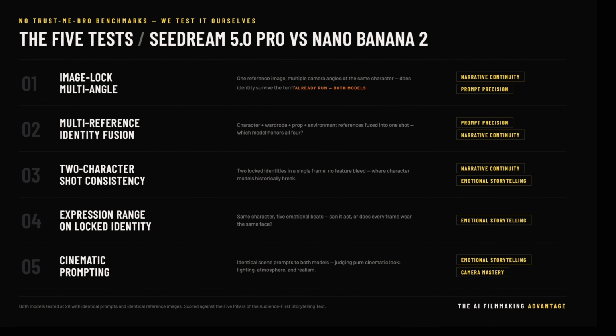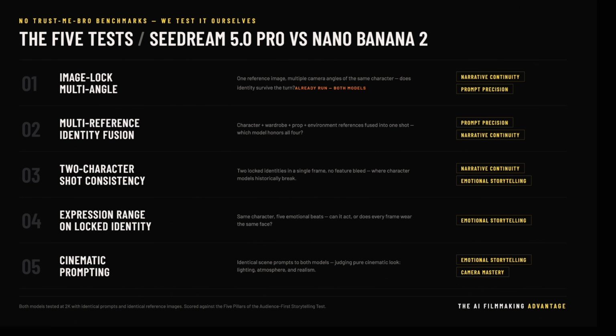If it gets too long, then maybe I'll just do 3. And since this channel is focused on AI cinematic filmmaking, those are the things that I pulled out of this update that I want to test for, because there were a few things that came out in terms of updates for Seedream 5 Pro. But our focus is going to be use cases more specific to what you and I are doing. And I believe we're going to nail that with all of this testing.